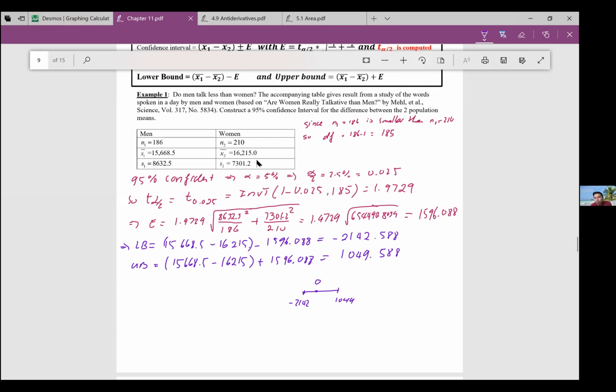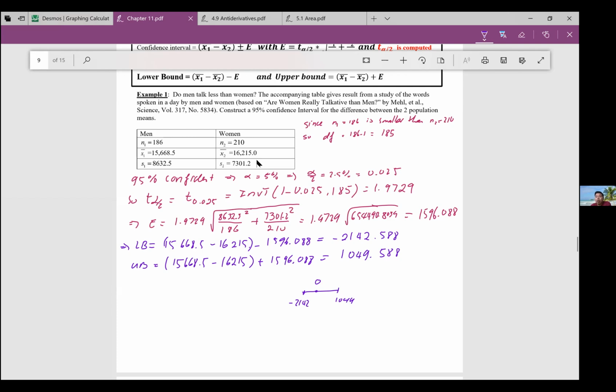Yes, Matthew. So the answer to the question, do men talk less than women, is that a no or unknown? For now, we just calculate the confidence interval, and in order to decide, we have to look at hypothesis testing. You can see here they only surveyed 186 men, but they surveyed 210 women.